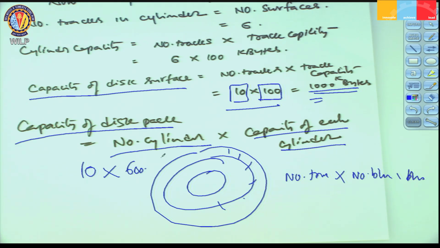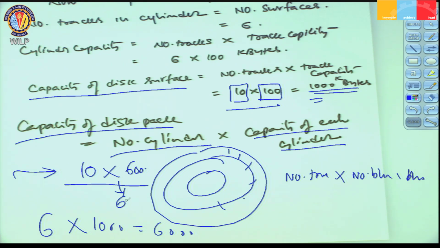If you calculate the capacity of the disk in terms of surfaces, how many surfaces? 6 surfaces. What is the capacity of each surface? 1000. So, 6000 KB is the capacity of the disk pack. Similarly, using the formula with the capacity of the cylinder and the number of cylinders, that also gives us 6000 kilobytes.